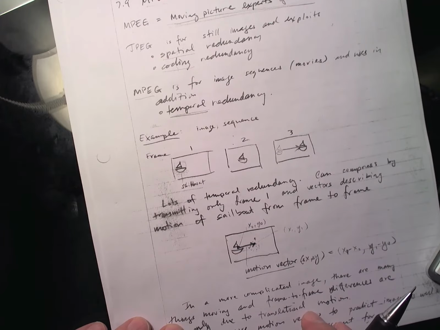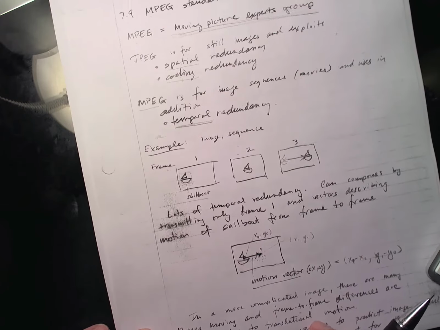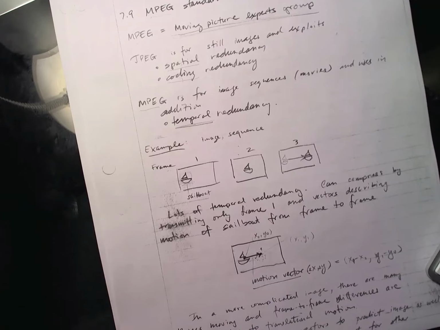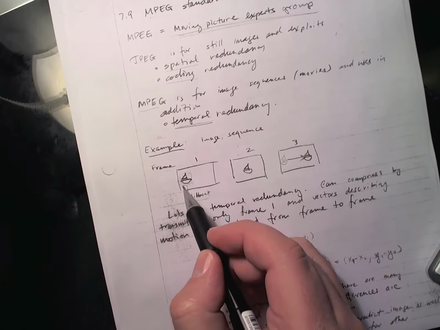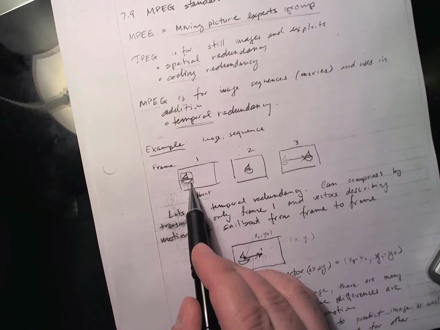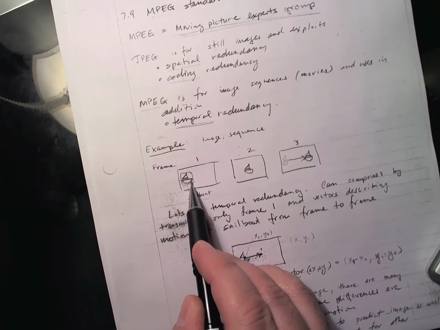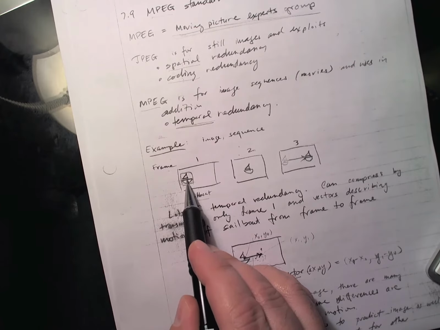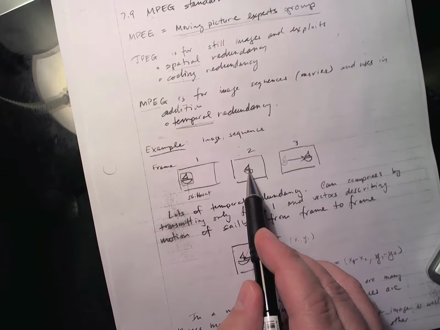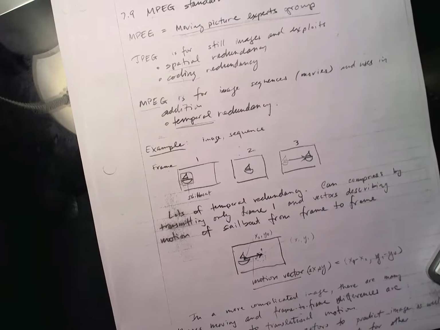Well, forget about MPEG for a second. If I really knew that the image was that simple, I could just send you a picture of the boat, and then in every frame I could tell you where to move it to. I could send you the picture and then say, okay, take the picture, and in this frame paste it here, and in this frame paste it there.